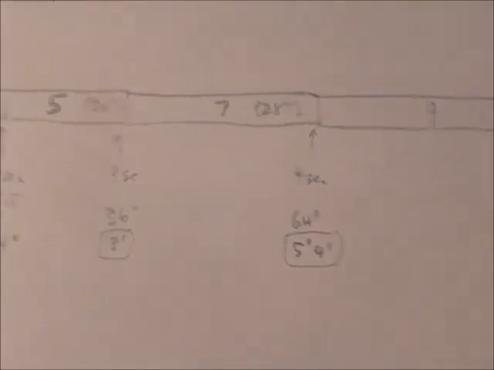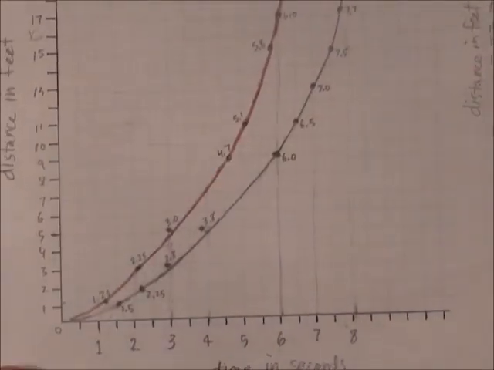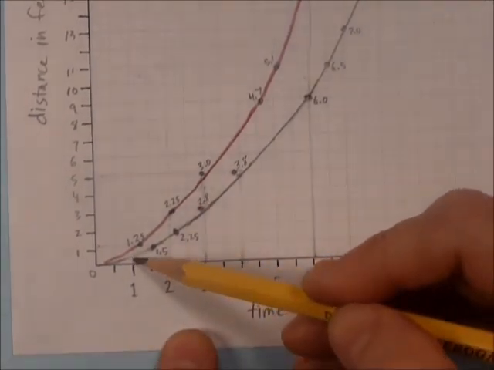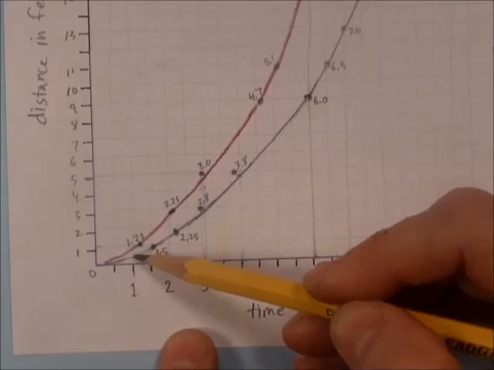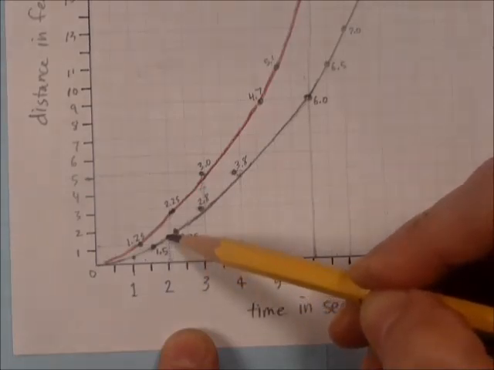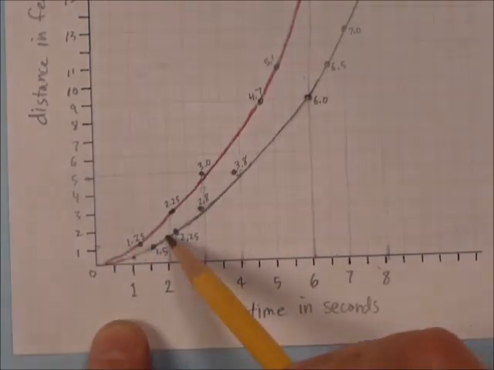So, will this correspond to our graph? Let's see. At 1 second, we have 4 inches. That will be our point down here. At 2 seconds, I should hit at the 1 foot 4 inch mark. So we go up 2 seconds, and you can see it is about 1 foot. I can believe that.